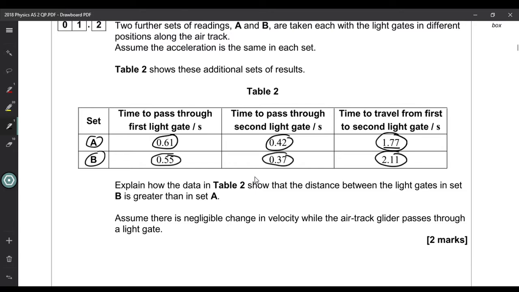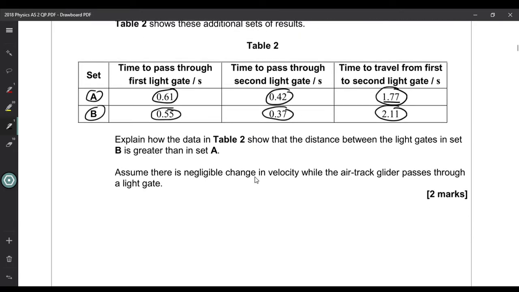Now you could have carried out the calculations and found what the velocities were in A and B at both light gates, but just by looking at the times it's taken to pass through, we can see that it's a greater velocity.